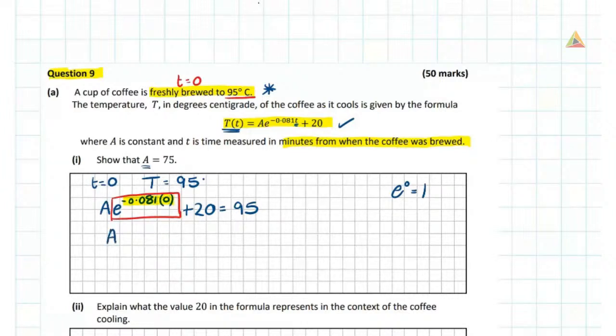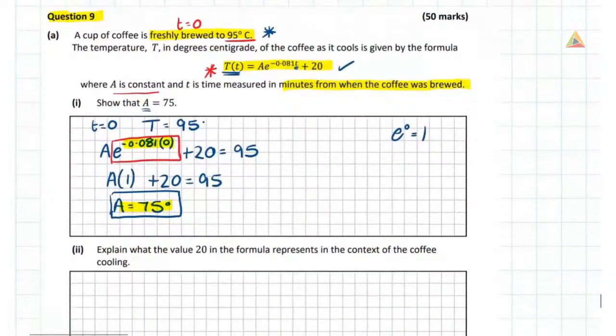So that's going to give me A times 1 plus 20 equals 95. And when you subtract 20 from both sides, you'll see that A is 75 degrees, or 75 is your constant A there. So from now on, when we're using this formula up here, we now know that our constant A is 75.